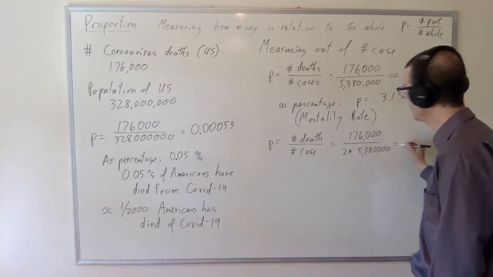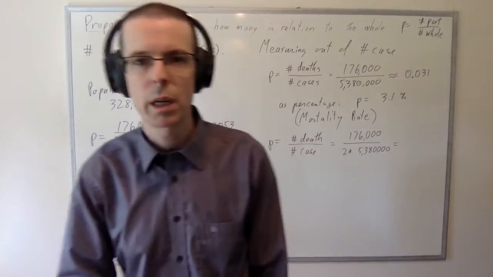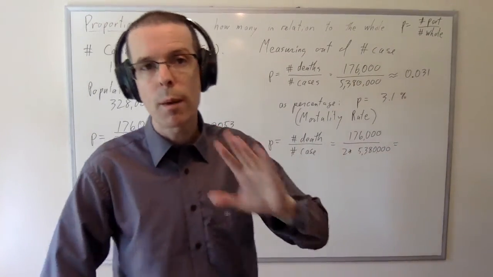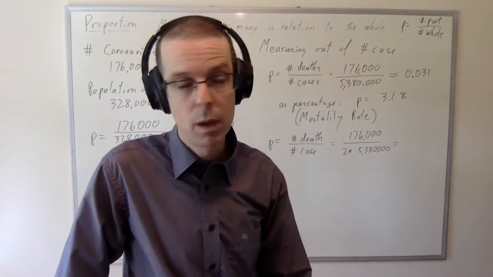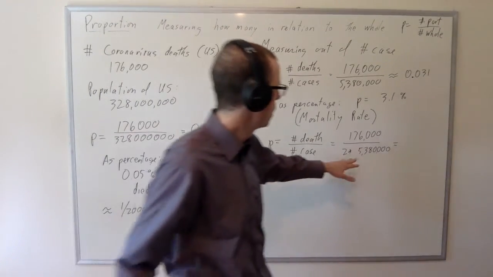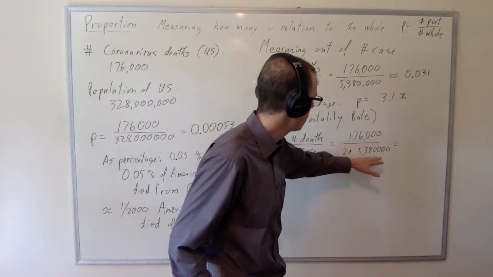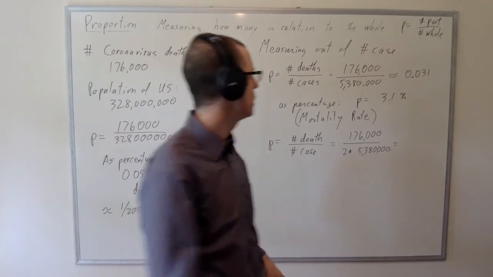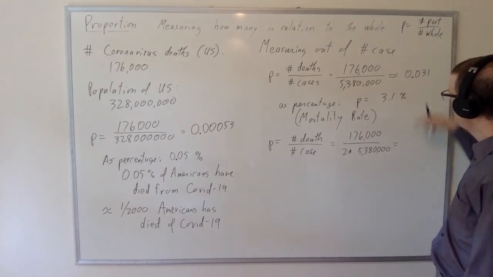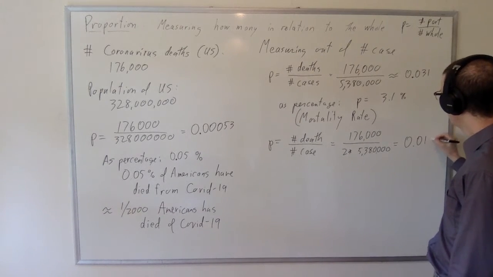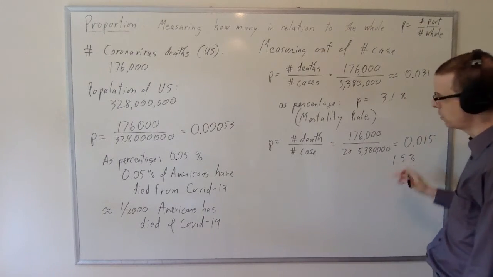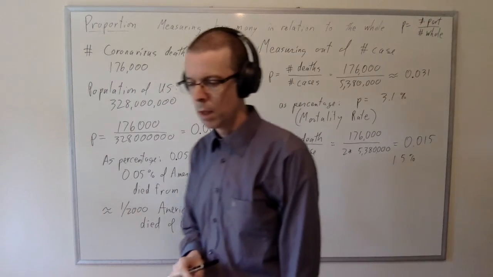So one recent study indicated that we're probably detecting about half of all cases, and the true number of infections is about double what we've correctly identified. This would give us an IFR which is half this size, which is 1.5%. This would give us a proportion of about 1.5%.